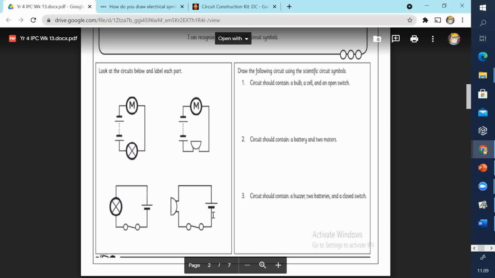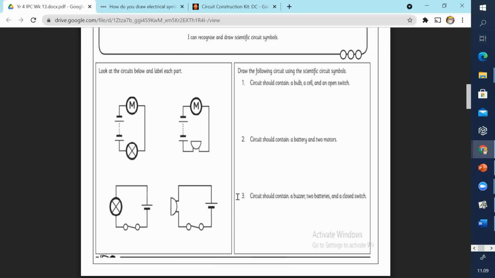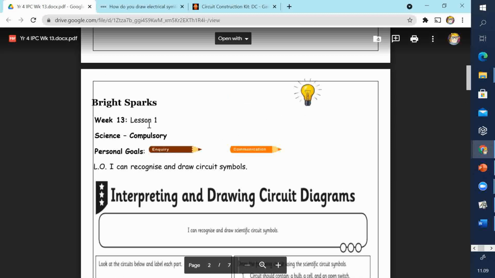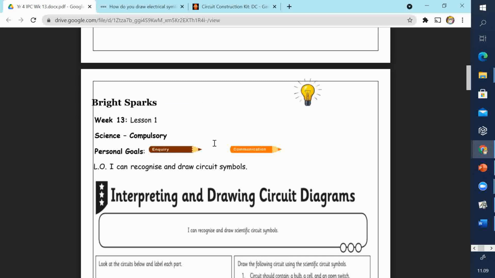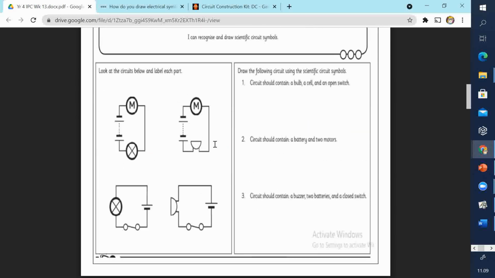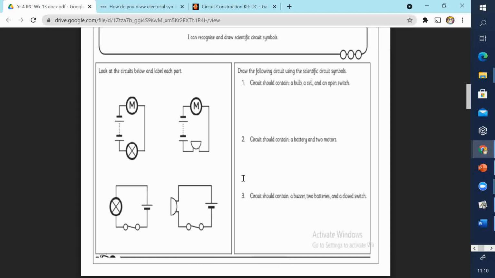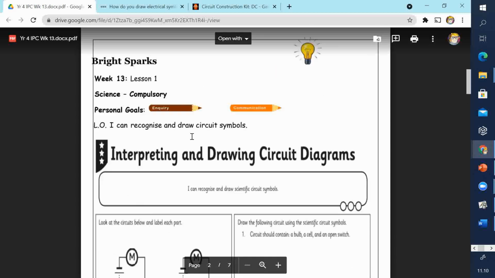This is your work, yeah? Okay, this is week 13. So it should be there. I will send you via email. I'll send you a link to the schedule. In fact, I can do that. I'll do that at the end of the lesson. Okay, and then you should be able to see that one. I'm not sure.